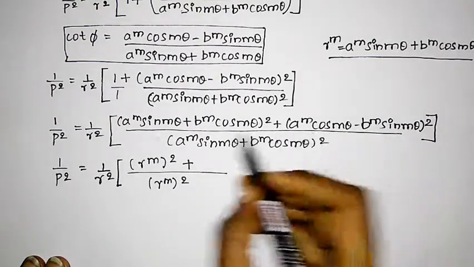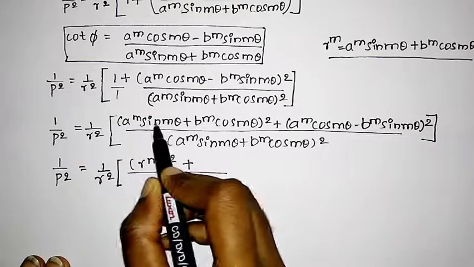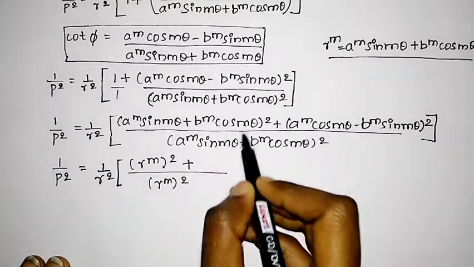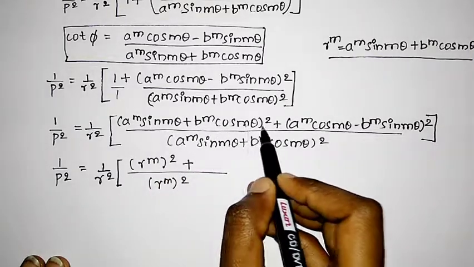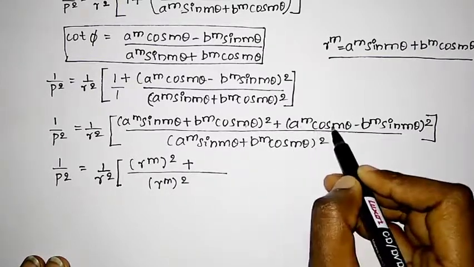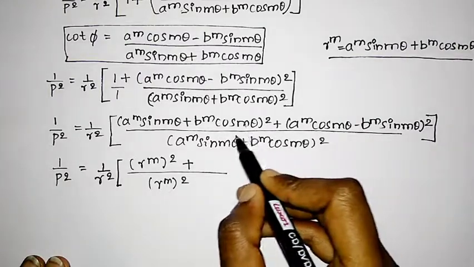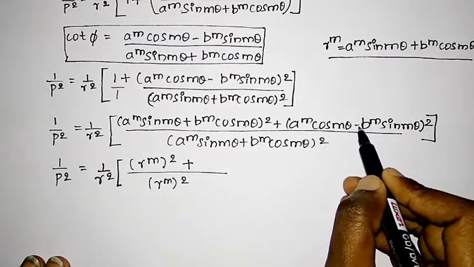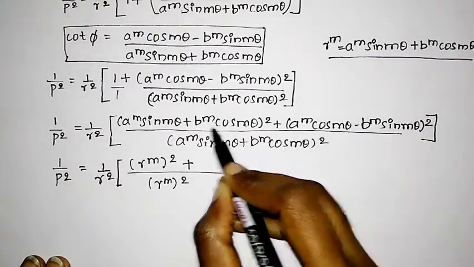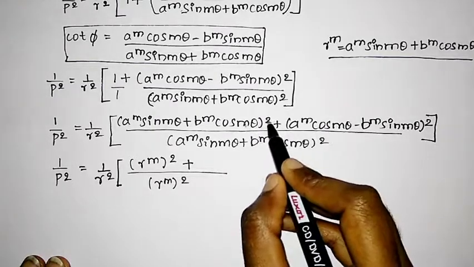Okay. So therefore here we can say that a raised to m sin m theta whole square, it will be b raised to m cos m theta whole square plus a raised to m cos m theta whole square minus b raised to m sin m theta whole square. So we can observe that, here we have plus b raised to m cos m theta whole square.